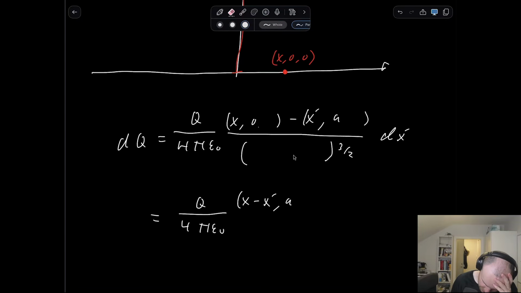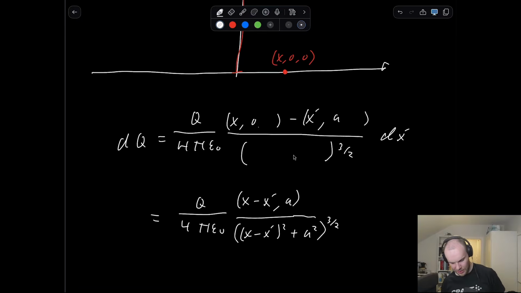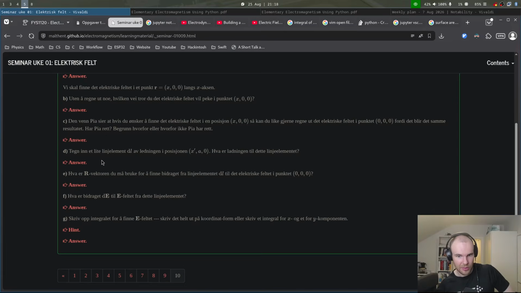Then what we should have is x minus x prime squared, plus a squared, to the power 3 over 2. Yeah, I think that's it. And then of course dx. That should be correct. We could have written dl, but dx is more correct in my opinion.